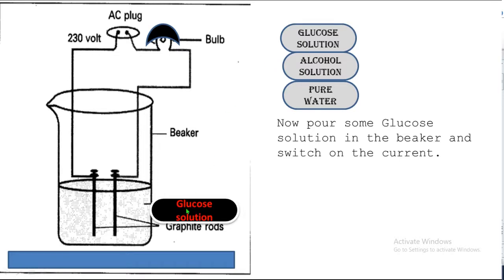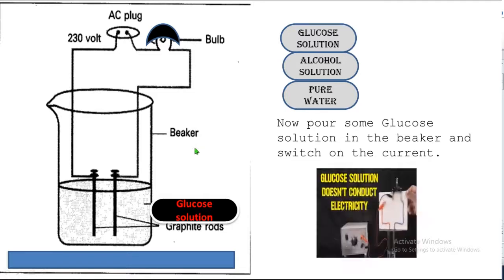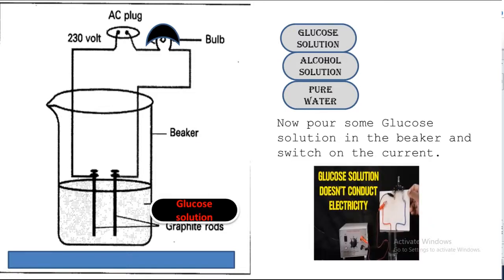Take the glucose solution, pour it in the apparatus and switch on. What do we observe? Glucose solution doesn't conduct electricity. Because of that, the bulb didn't glow.